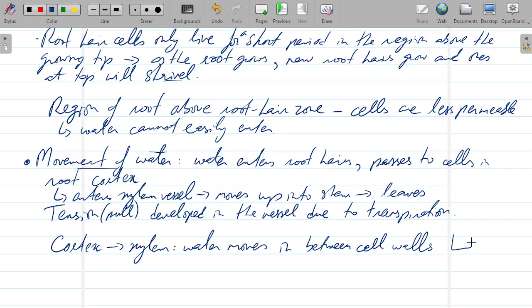That means you've got two cells, right? And so water is coming in, and let me use a different color, right? So water is coming in and it's moving like this, right? It's not going through the cell. No, it is moving in between cell walls.